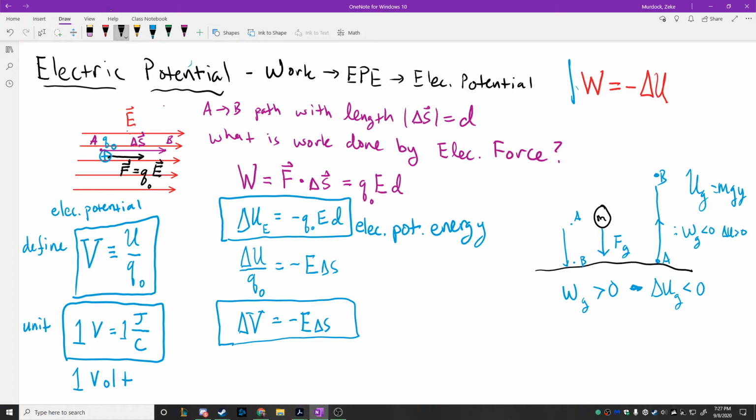What's an example of that? A common example we're going to see a lot is a positive plate of charge and a negative plate of charge, where maybe the plate on the left is at 10 volts and the plate on the right is at 0 volts, so that delta V between the two plates would be equal to 10.